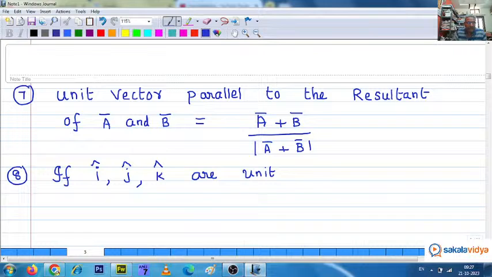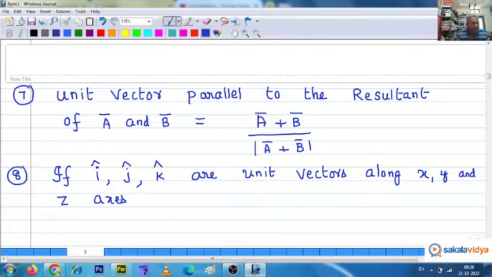You remember like that. So if i, j, k are unit vectors along, that means in the direction of, the x, y and z axes, then my dear students, remember here i cross i equals j cross j equals k cross k, obviously 0 you will be getting.